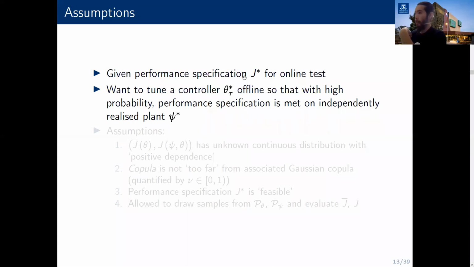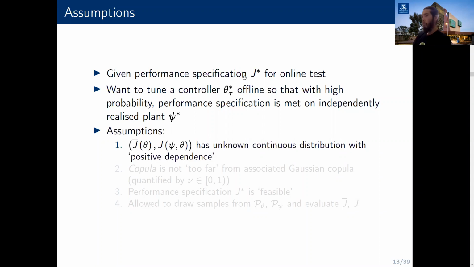And so to list the standing assumptions for our algorithm. So first of all, this induced joint distribution here. This distribution is not fully known. However, we do know that it is a continuous distribution and it also has some positive dependence. And I will be a bit more precise about what this positive dependence means later on.